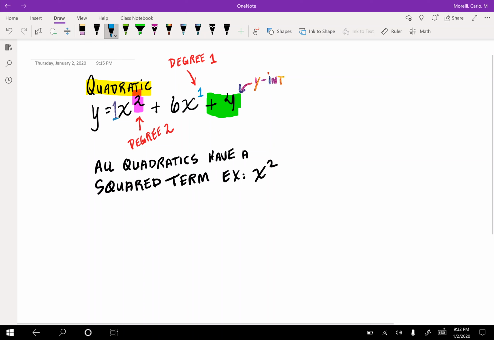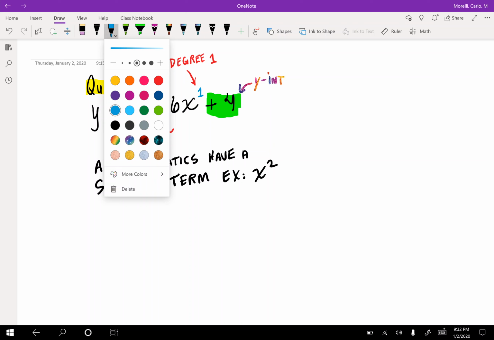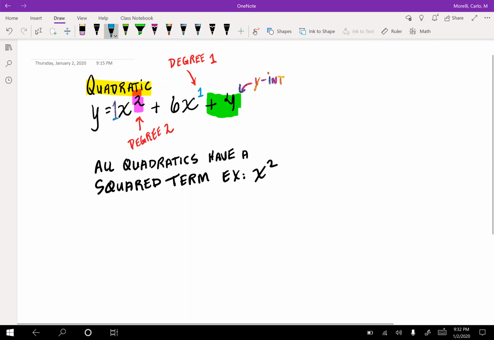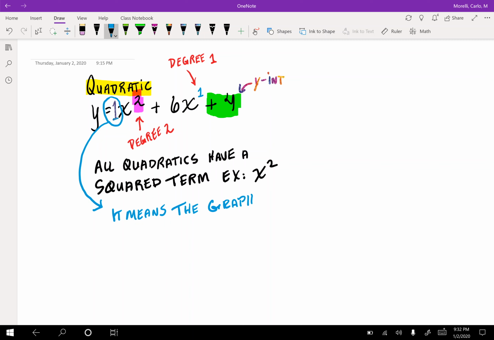And let me tell you what that means. Because this is a positive 1, it means the graph points up like this.